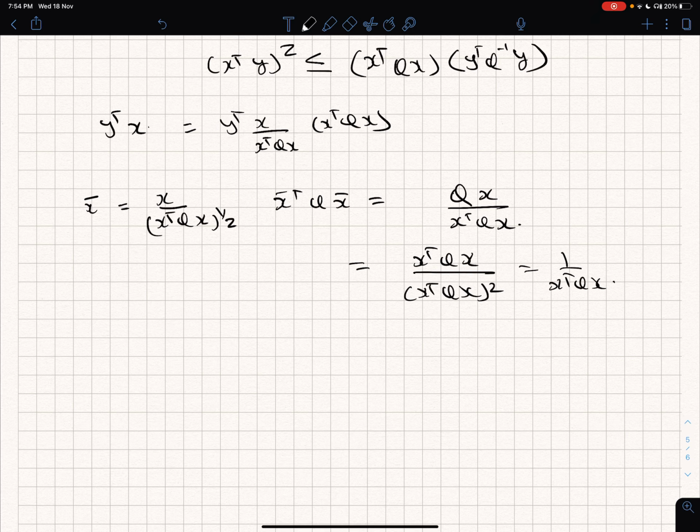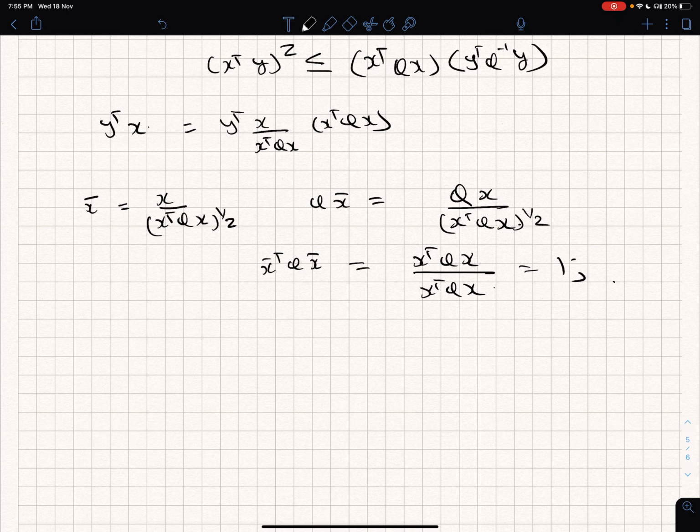Then when I look at qx bar, it will become this particular value, and x bar transpose qx bar will become x transpose qx divided by x transpose qx itself, which makes this equal to 1.